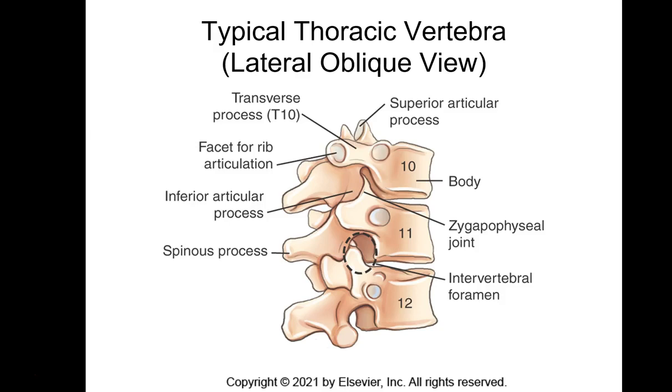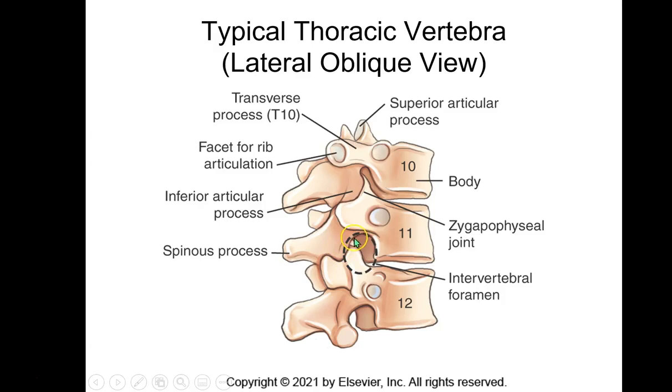Remember, T11 and T12 have costovertebral joints to join with the head of the rib, but they do not have costotransverse joints. Okay, remember we learned the inferior articular process joins the superior articular process to form a zygapophyseal joint.